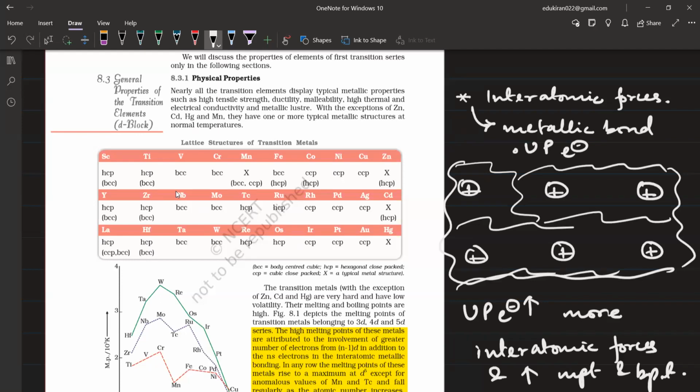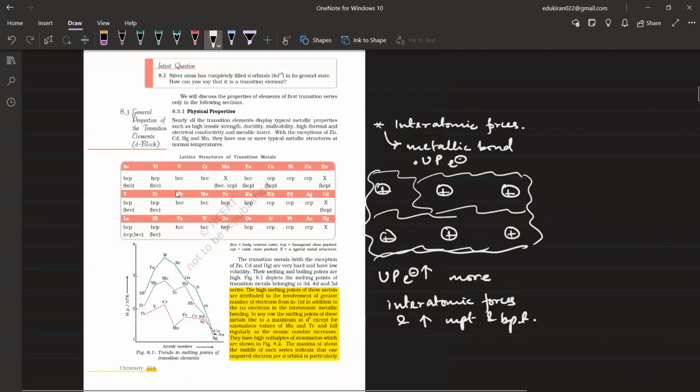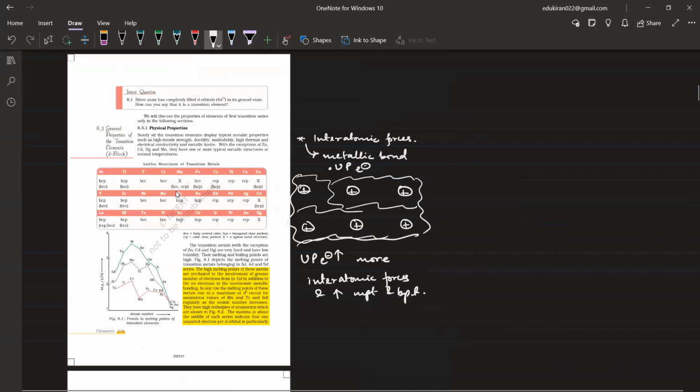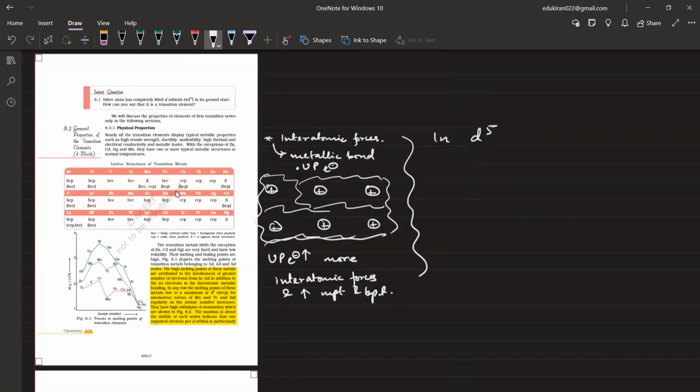Now, but when you have completely d5, ठीक है, please listen. d5 में क्या होता है? In d5, the d subshell is half filled and stable configuration. ठीक है, and it is what?